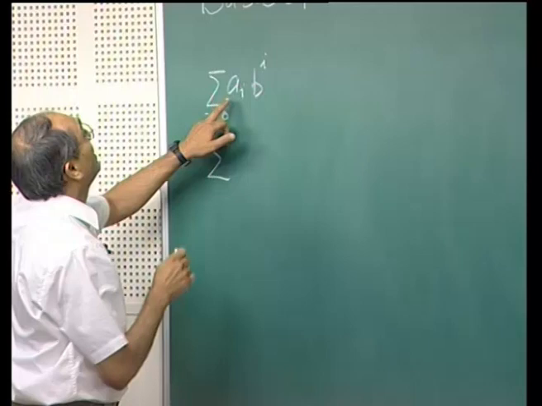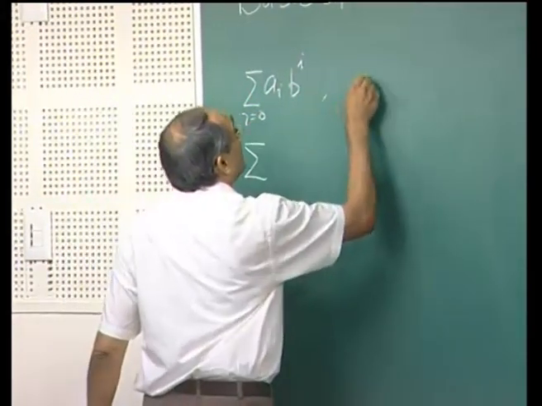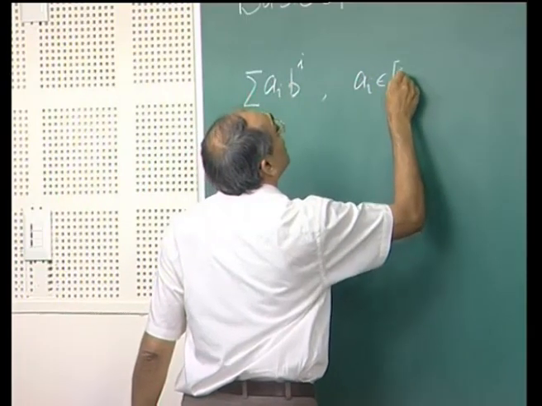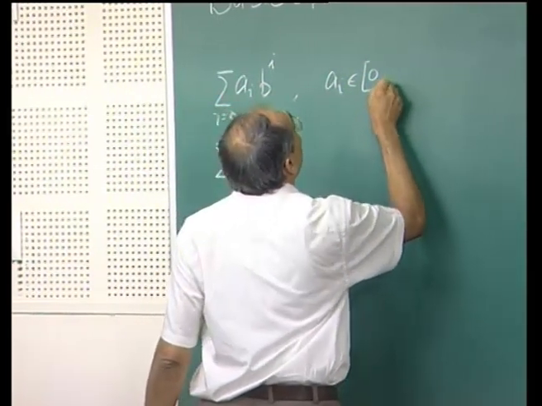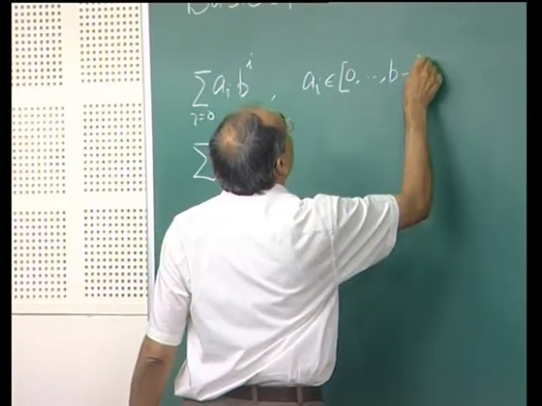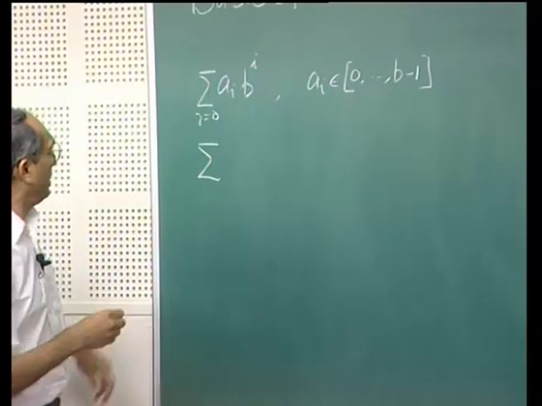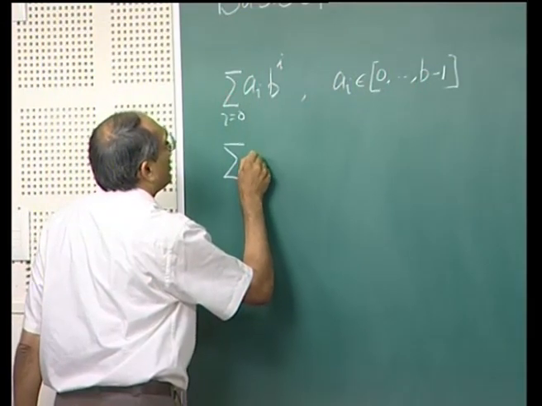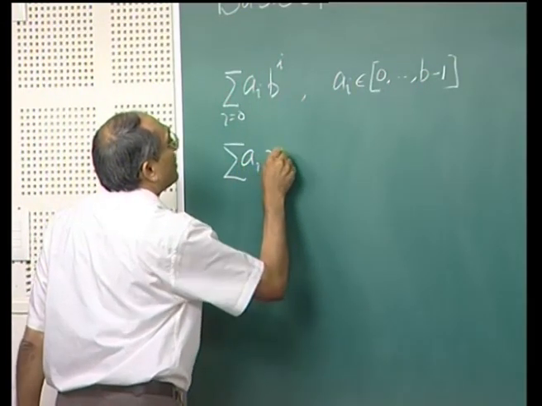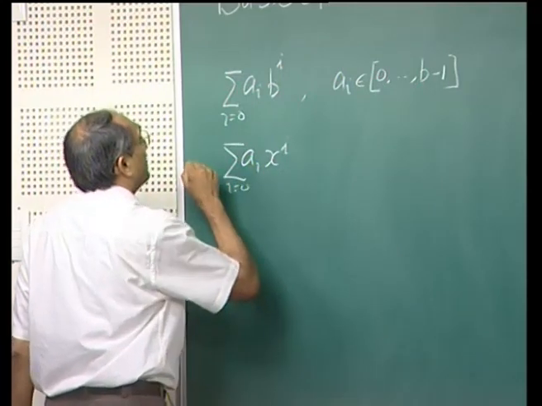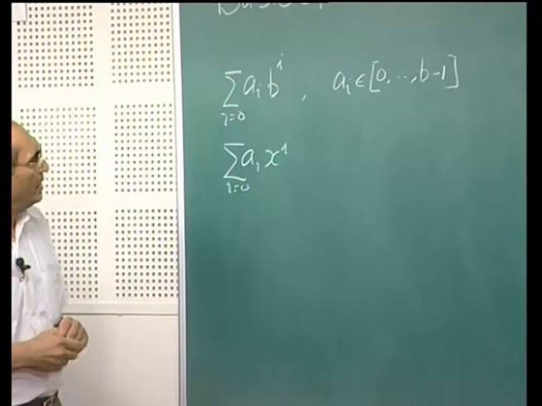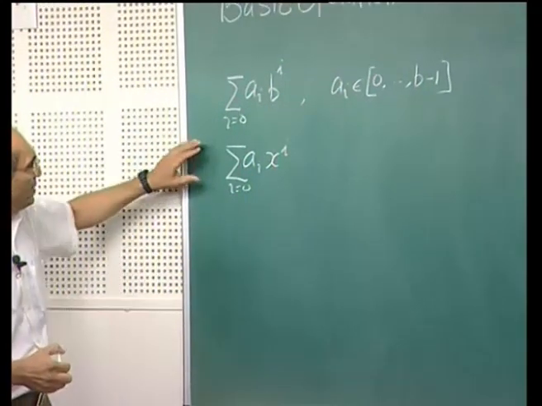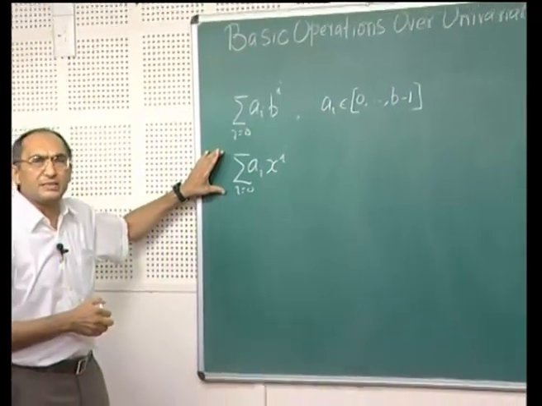And of course, each of these a_i is in the range 0 to b minus 1. In case of polynomials of one variable, we write the sum of a_i x^i, from i equals 0 onwards. So they do look very similar, but actually dealing with polynomials is easier.